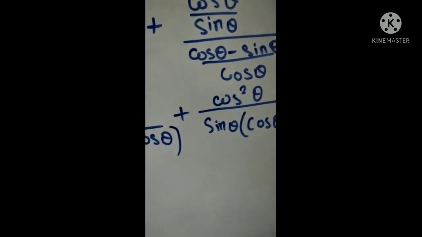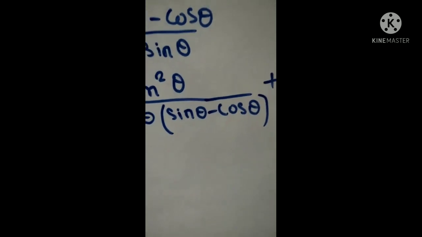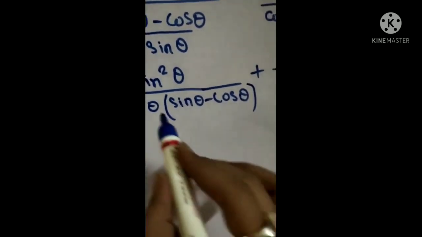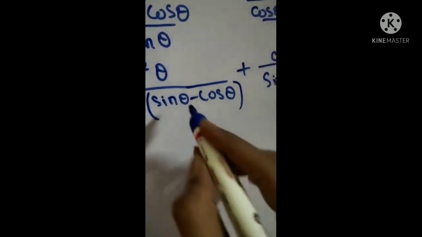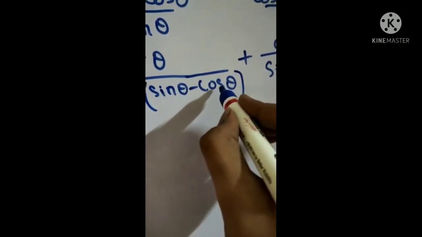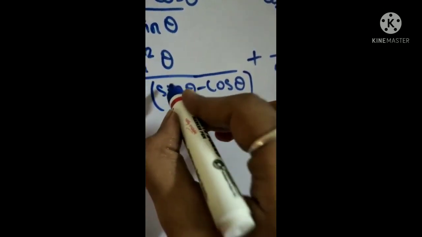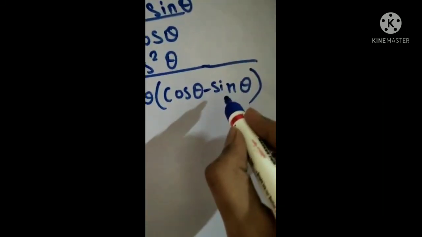Now see very carefully, here every student makes a mistake. What mistake do they make? Cos and sin alone are fine, but in sin theta minus cos theta, sin is positive and cos is negative, whereas here cos theta minus sin theta, cos is positive and sin is negative.